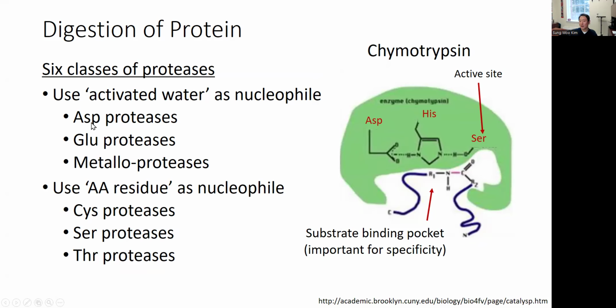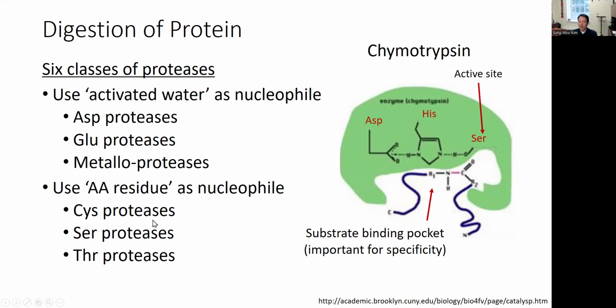So these are aspartate protease, glutamate protease, and metalloprotease. Those are 3 groups of enzymes for protein digestion, using the activated water for the action. Okay? I think that's just enough to know about in this class. We will not be learning about physical chemistry here, so this is just enough.